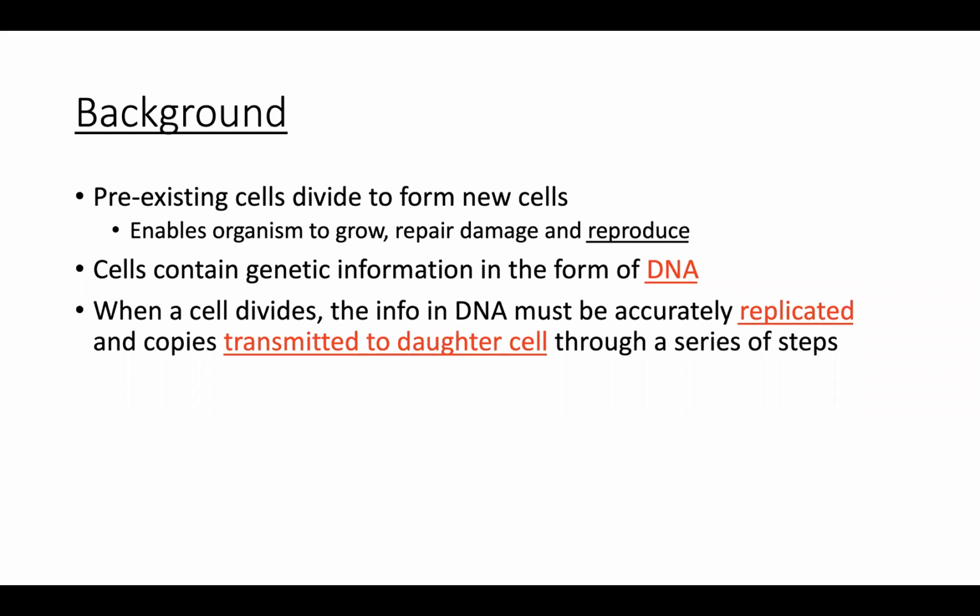All right, and so I'm using the terms daughter cell and parent cell. The parent cell is the cell that we start with, right? That's our pre-existing cell. And when this cell divides and a new cell is created, we refer to that newly created cell as a daughter cell.